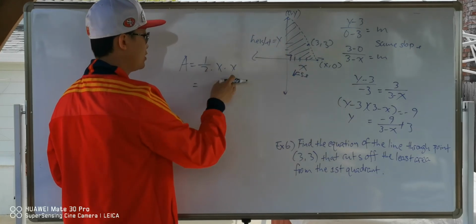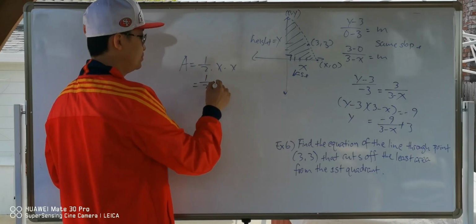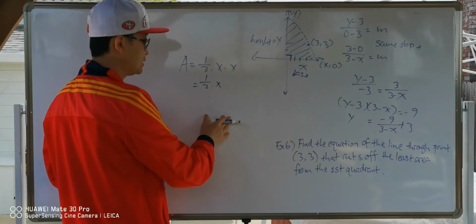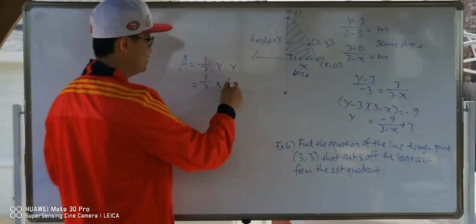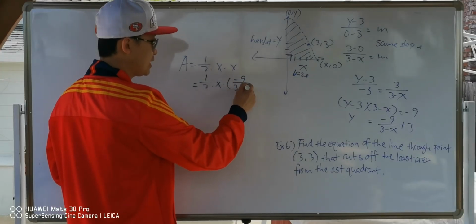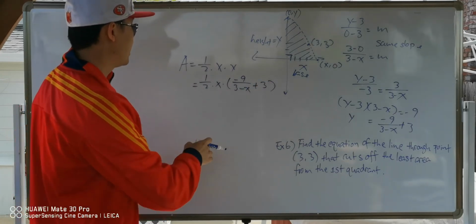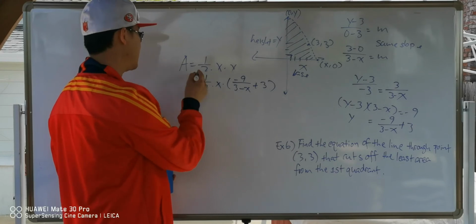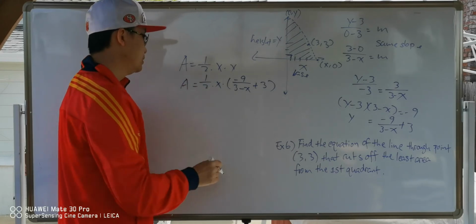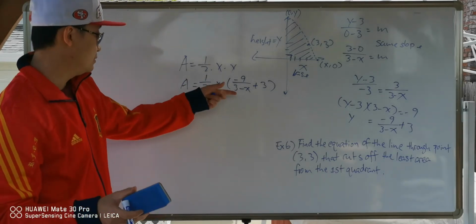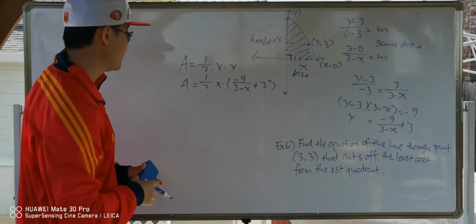So now we do have two variables, so that means we need to put in that y there, the one that we just isolated. So we do have 1/2 x times the quantity of negative 9 over 3 minus x plus 3. Okay? Again, area, that's a constant. So now before we take the derivative, once again, you want to distribute.